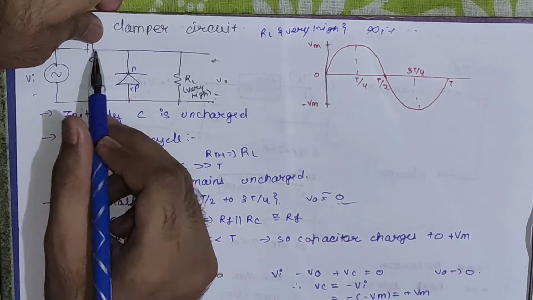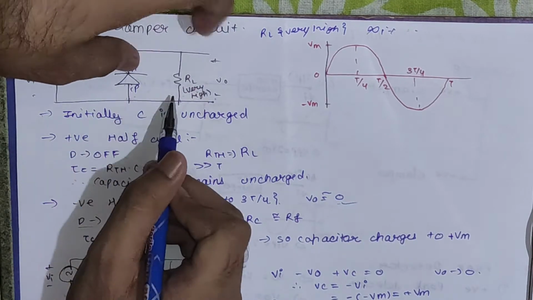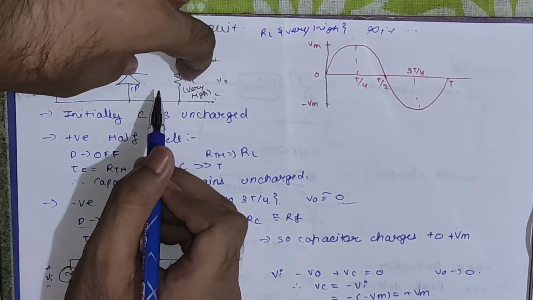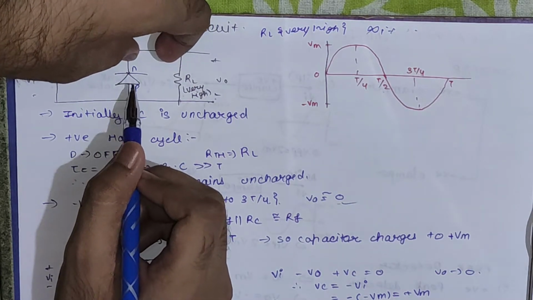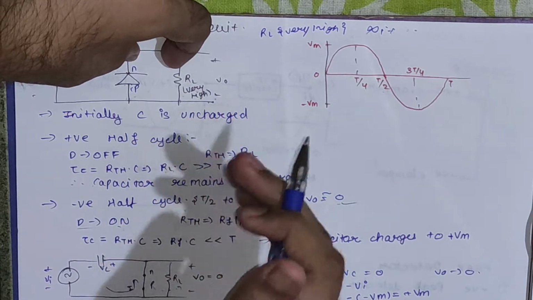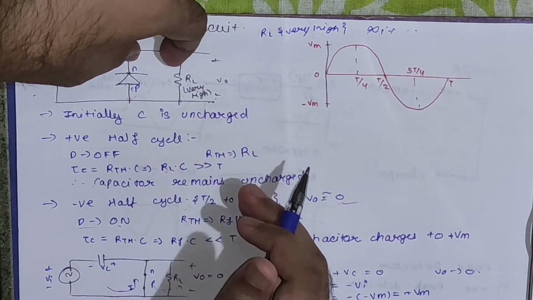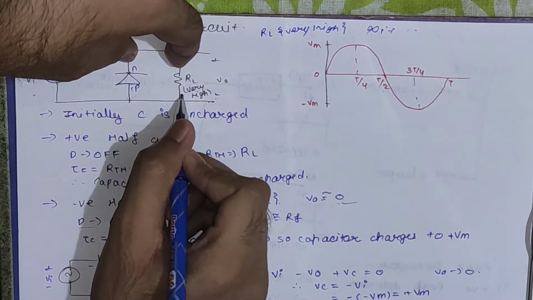So now if the capacitor wants to charge, it can charge through the resistance provided by these two branches. You can see now the diode is on, so the resistance provided by this diode will be very less, either 0 or somewhere around 10 ohm. So let's consider this as 10 ohm and this as 10,000 ohm.